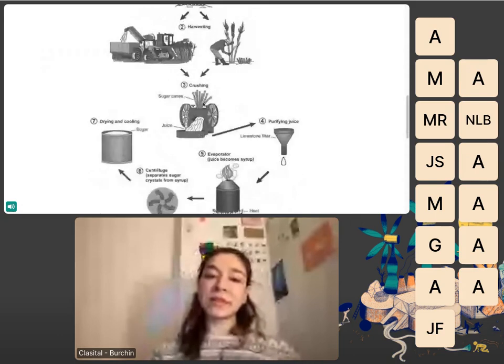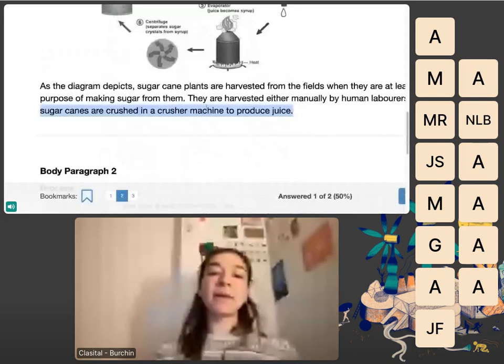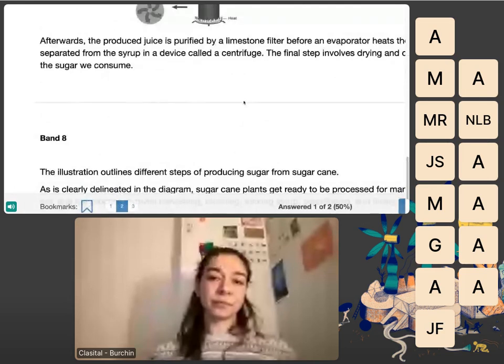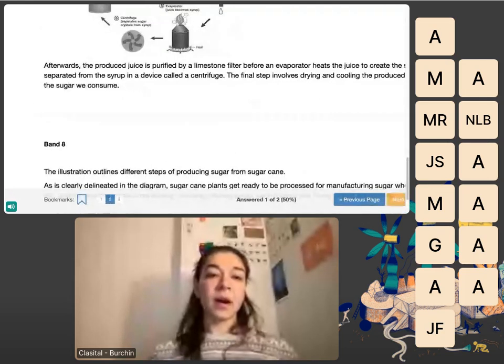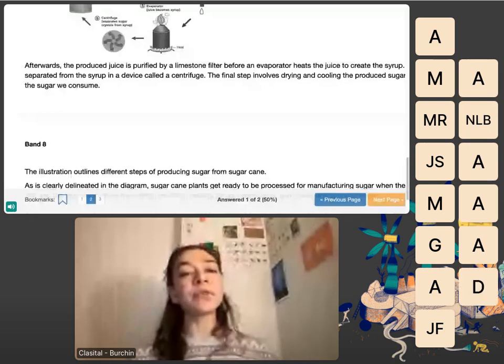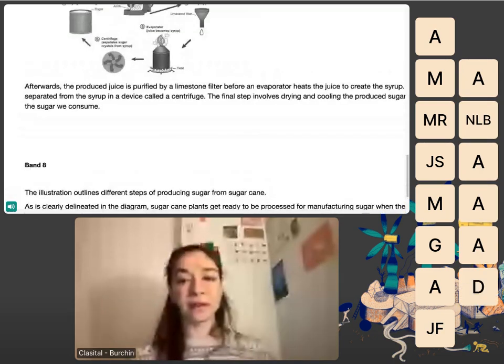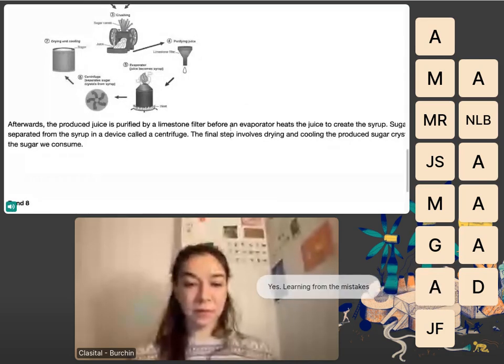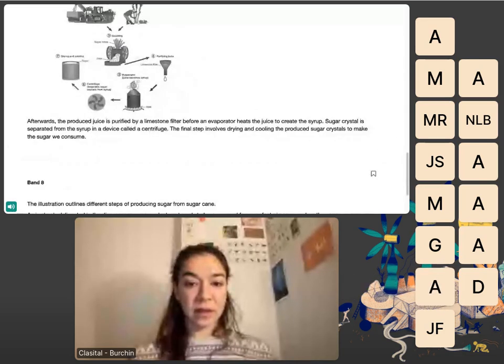Then let's continue by the paragraph 2. Afterward, the produced juice is purified by a limestone filter before an evaporator. A little bit bigger, yes.